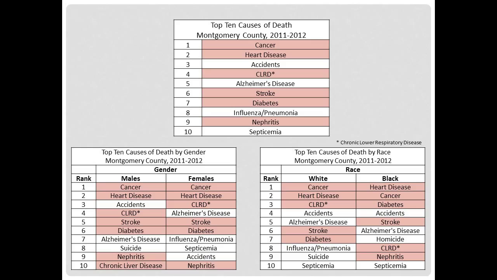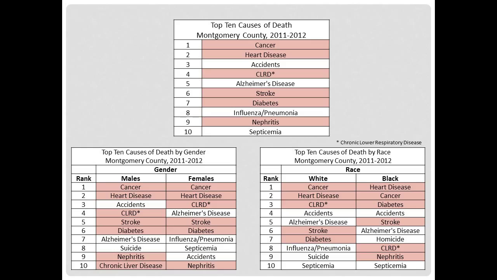But when we think about why it matters, what we can actually quantify are deaths. And so we see in Montgomery County that 6 out of the 10 top causes of death are related to chronic diseases. And this is a definite change from back when people used to die of influenza and those other acute illnesses. Now it's the chronic diseases that they're dying from. And we see it broken down by males and females, by gender.